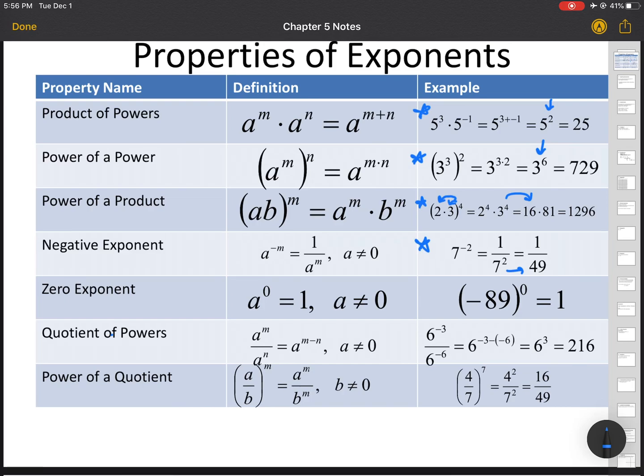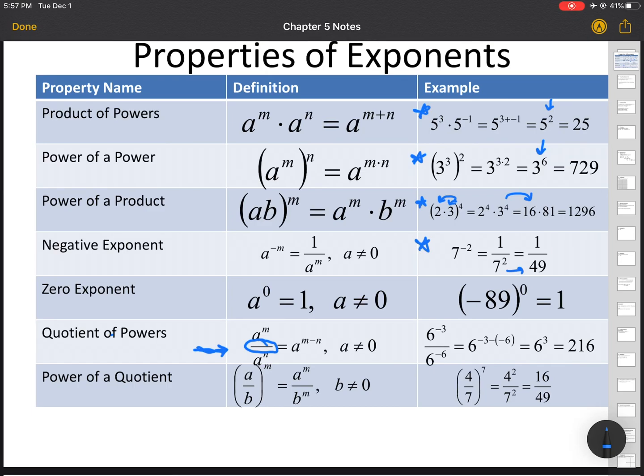The next to the last property here, we have the quotient of powers, and that says if we have the same base and we're dividing them, all we need to do is take the exponents and subtract them. I like to remind myself I need to subtract the exponents because of that division bar, and it kind of looks like a minus sign.